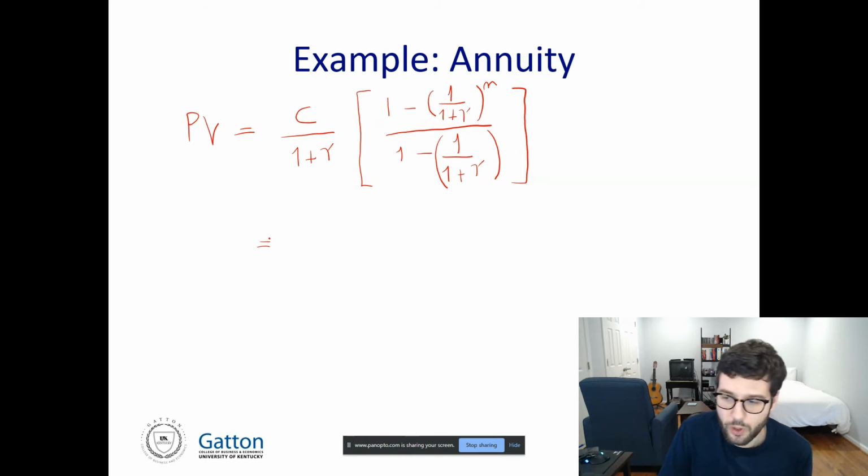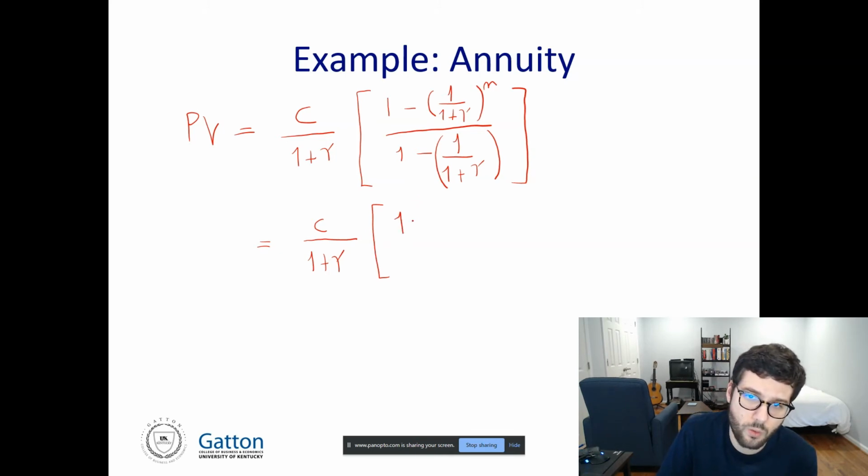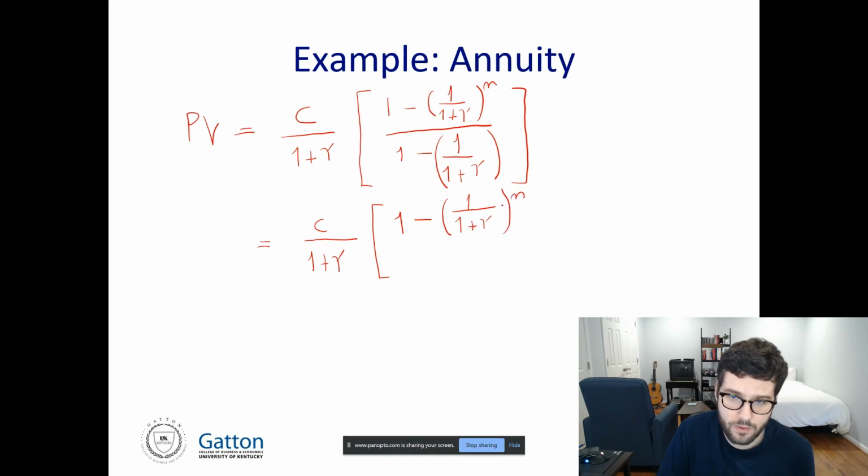Now we can rearrange the terms to simplify this equation a little bit. So this is going to be equal to C over 1 plus R multiplied by, the numerator here I'm going to keep as it is, 1 minus 1 over 1 plus r to the power n. And I'm going to rearrange the denominator a little bit.